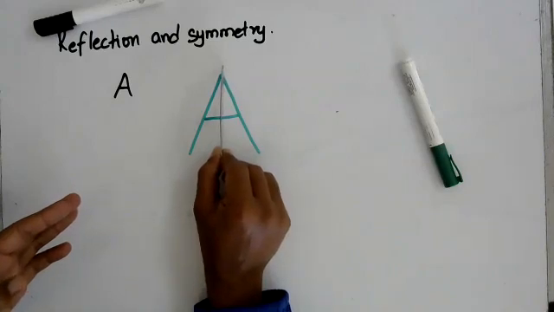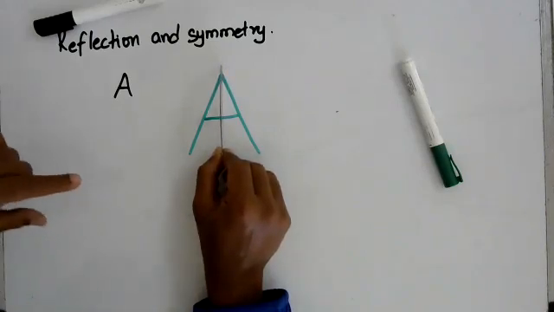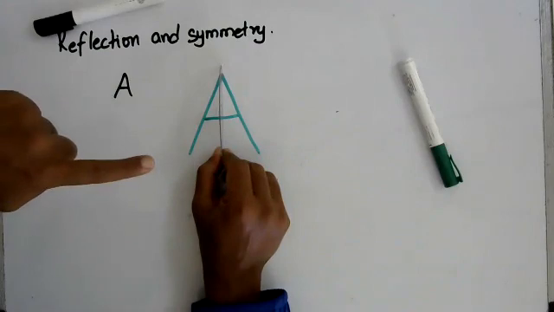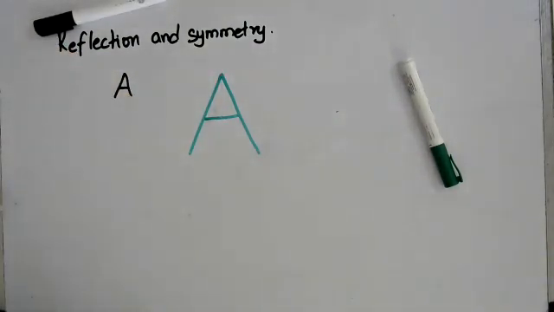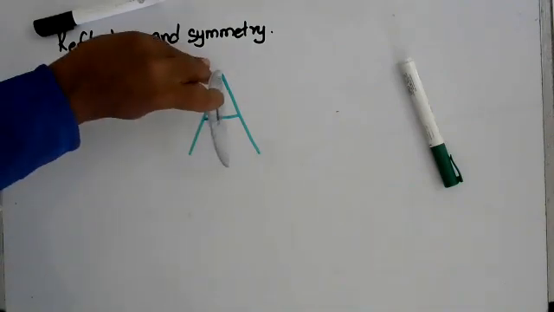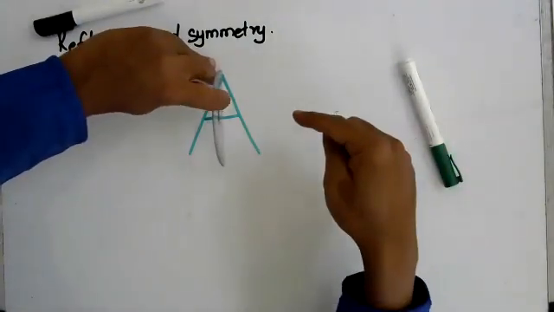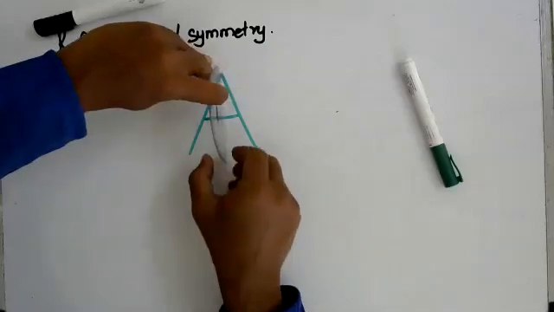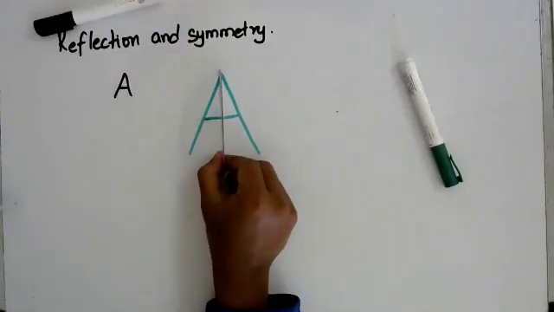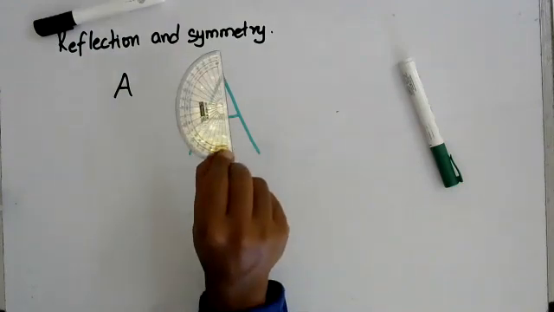And it's obvious, right? If I keep it like this and I look from this side, how it will appear to me is it will look exactly like an A. Similarly, if I look at it from this side, again the reflection would look exactly like A. In fact, if I keep it like this, it looks like it's a reflected image. Okay, you imagine this to be a mirror.